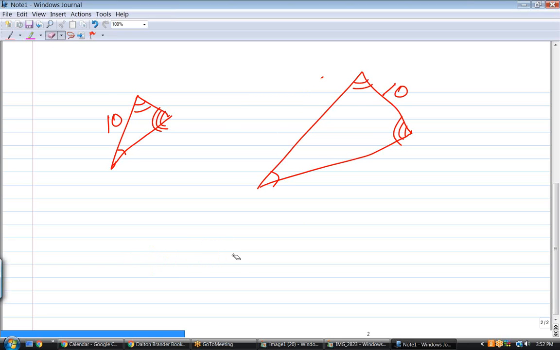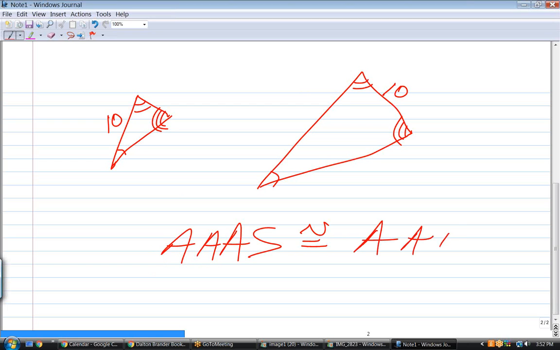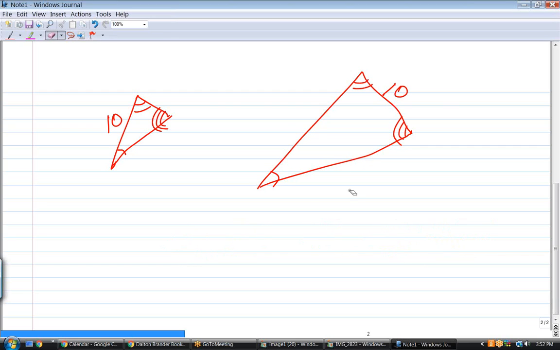What I was thinking before is that if you have angle, angle, angle, side, that's always going to be congruent, and it doesn't matter where you put the S. The S could go there, the S could go there, the S could go at the end. But I was wrong, and this is the perfect example of it.